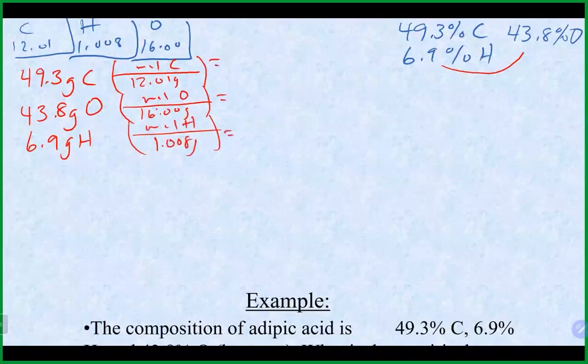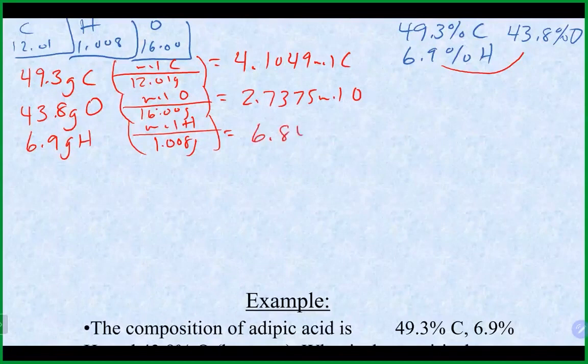Converting those into moles gets us 49.3 divided by 12.01, which is 4.1049 moles of carbon. 43.8 divided by 16 is 2.7375 moles of oxygen, and 6.9 divided by 1.008 is 6.8452 moles of hydrogen.